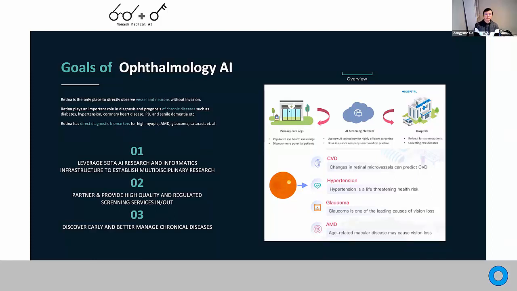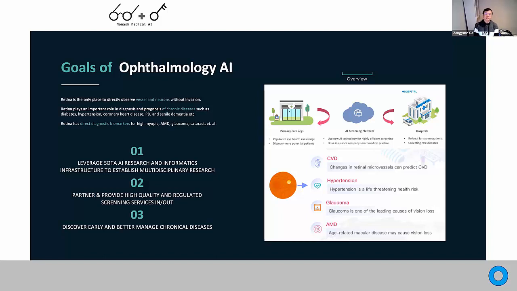That is because we think, and it has been clinically proven, that the retina is the only place to directly observe vessels and neurons without invasion, right? And the retina plays an important role in the diagnosis and prognosis of chronic diseases such as diabetes.